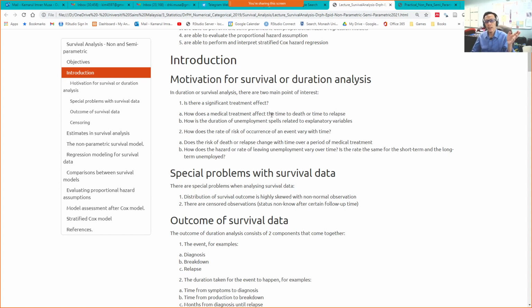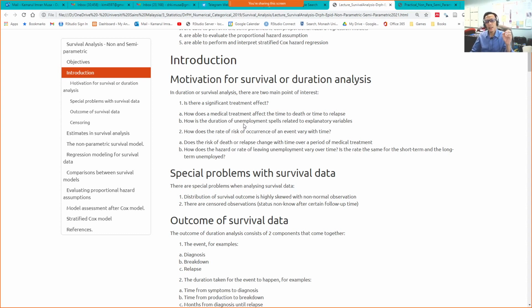So you have one, time, and then second, the event of interest. You have the duration here, the time. Duration for what? Duration for an event to take place, maybe death, or maybe relapse. So in this case, duration analysis is about duration taken from a point of time until relapse occurs.